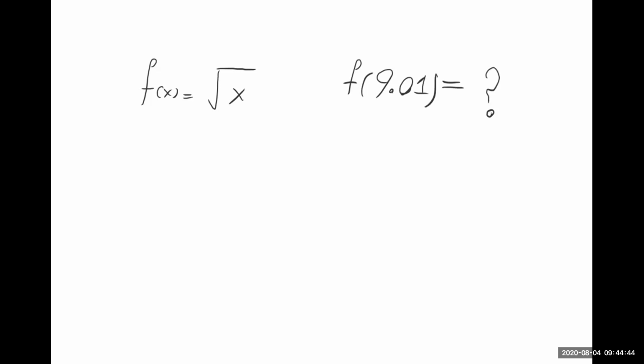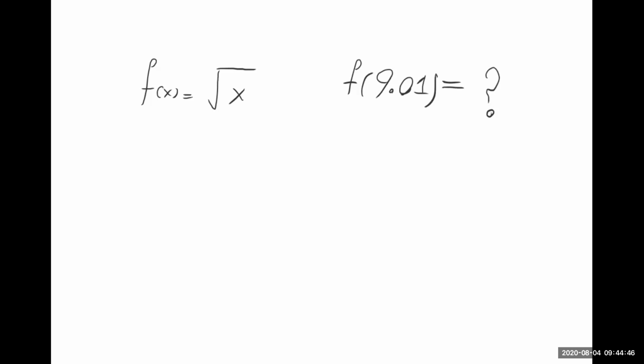So I would first mention a single variable case. Suppose we have f of x equal to square root of x, okay? And suppose they ask us to compute f of, say, 9.01, and suppose we don't have a calculator.